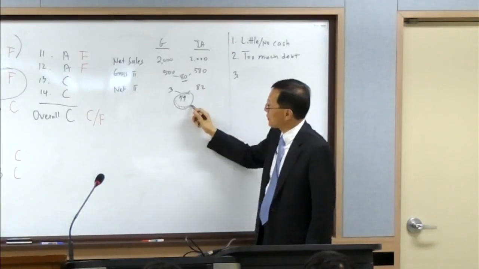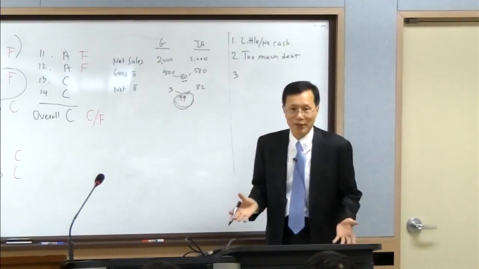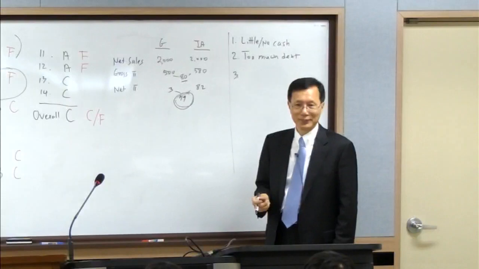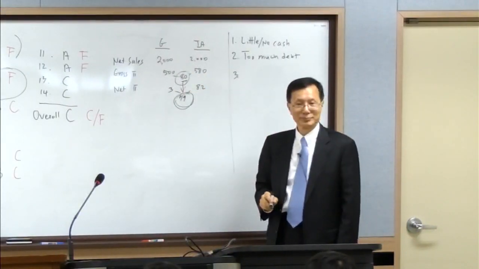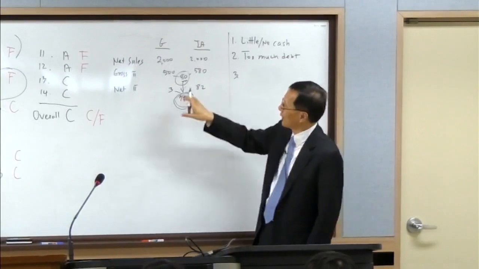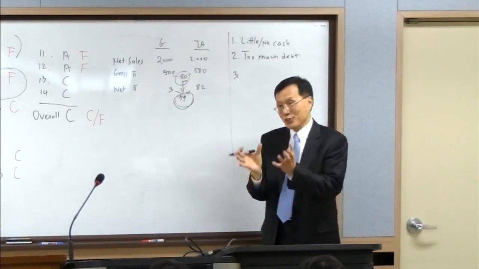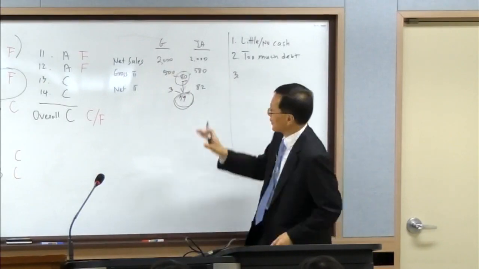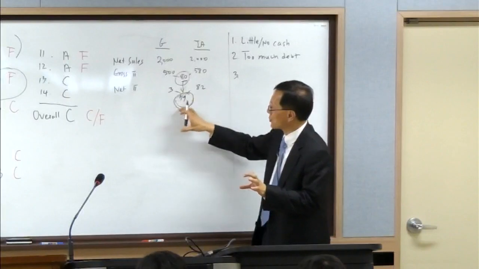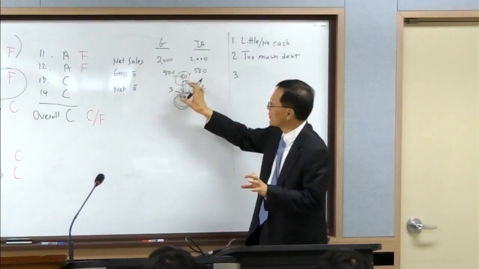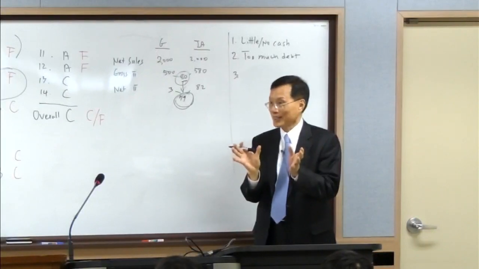But this 79, the most of it comes from where? This one. Now you can say that this difference doesn't look too large, but if you see that as the main source of this discrepancy, you can see that this difference is not marginal, it's not insignificant.